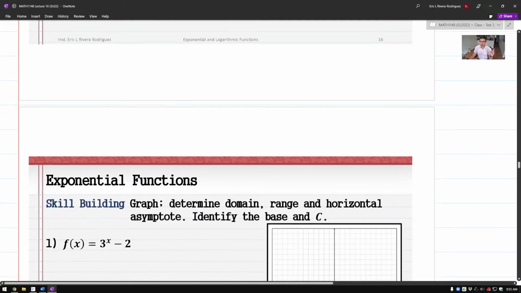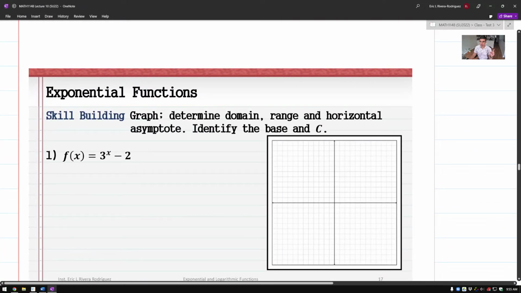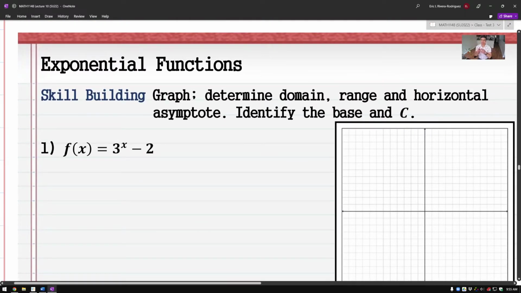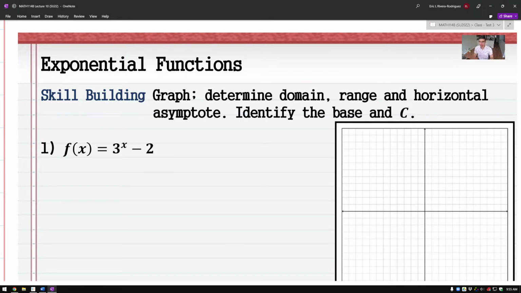Okay, so now let's do this exercise where we are going to graph the exponential function. The first thing we are going to do is identify the parts of the exponential function. Let's start with the domain. Domain, no restriction, from -infinity to infinity. Okay, range.